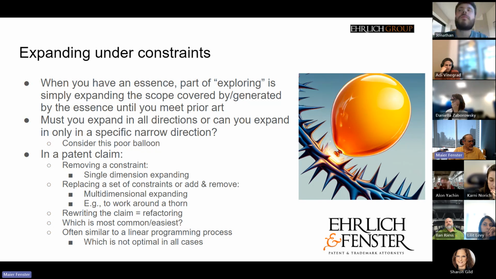And rewriting the claim is equivalent to better understanding what the essence is. And yeah, I know it's a problem with the support and so on. The point is that single and multi-dimensional expanding are not optimal in all cases, or often not optimal, but they're easy to do.